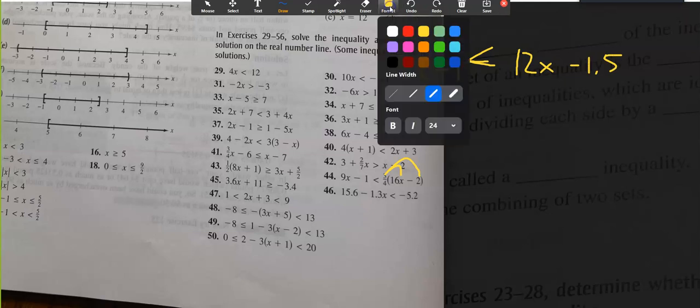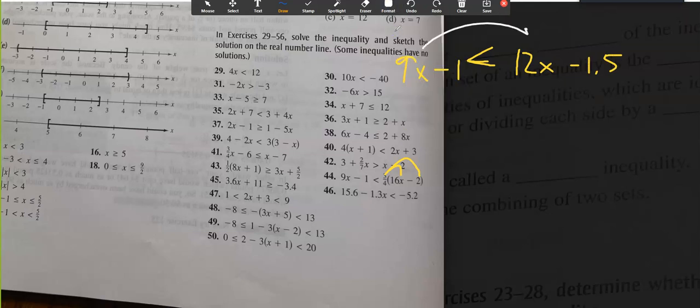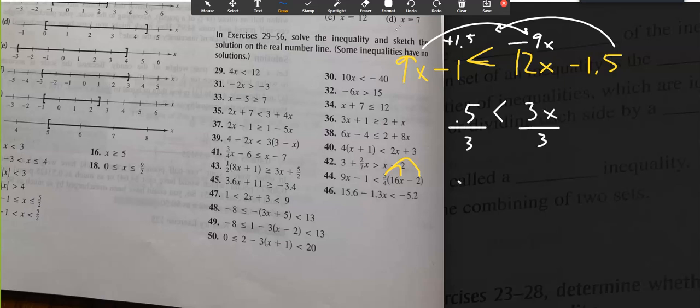From there, it's going to look very similar to what we did before. Subtracting the 9x, adding the 1.5, so we get 0.5 is less than 3x, and we can divide by 3. This is going to give us x and 0.5 divided by 3. I don't know what that is. 0.16 repeating.